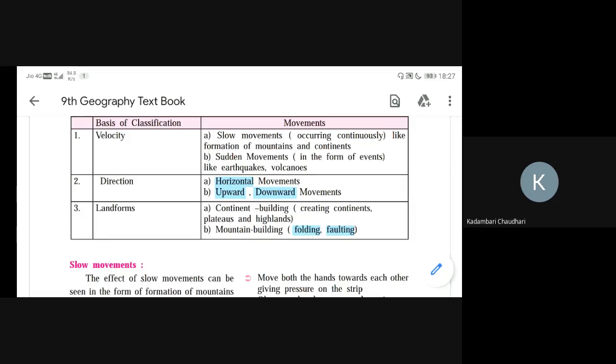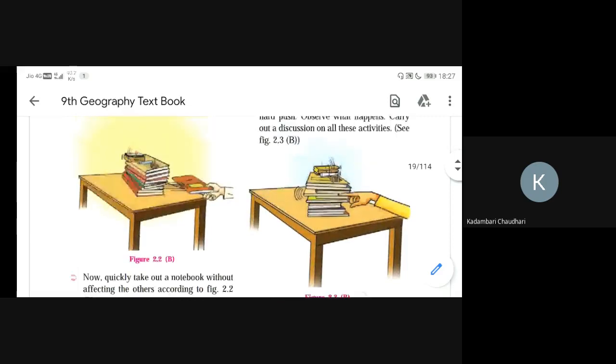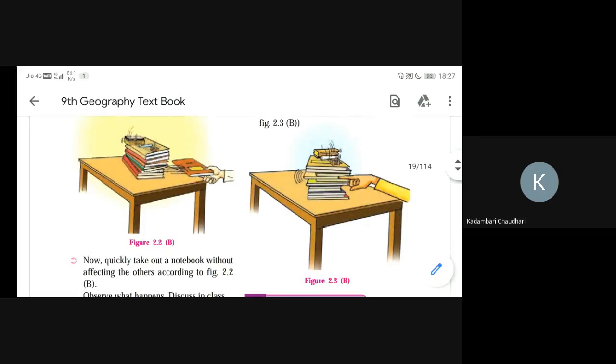So the next basis of classification is direction: horizontal movement and upward and downward movement. Basically, you know what can happen. See here, we have seen this experiment. First one here, you quickly take out the notebook, but you can easily see it is horizontal. This is the horizontal movement. Consider that the notebook we took out is a layer of earth, and we took it out in the horizontal direction.